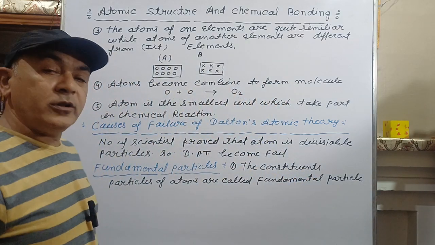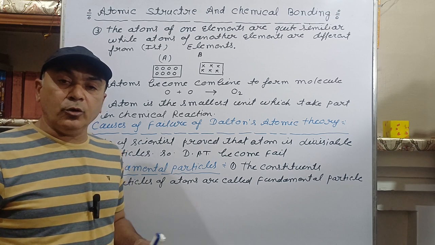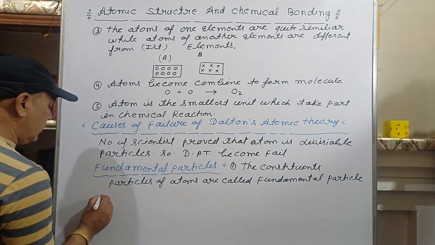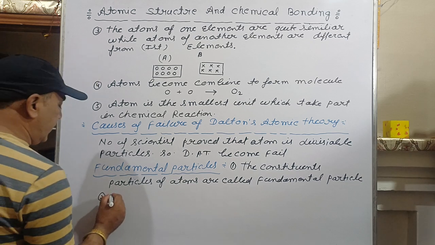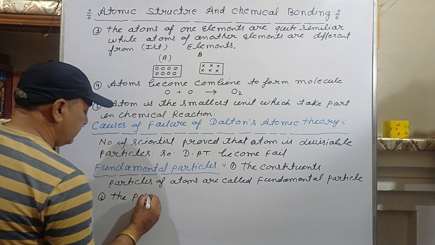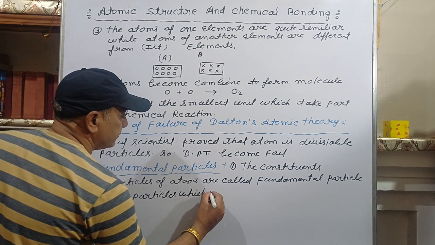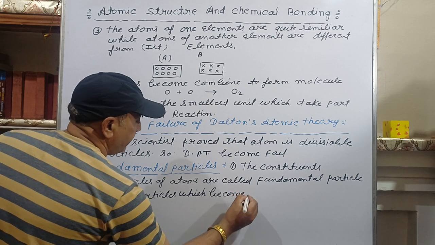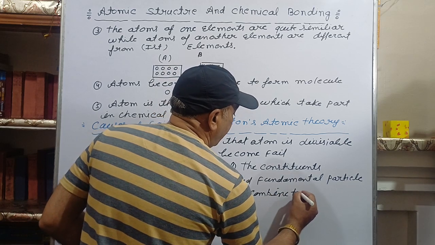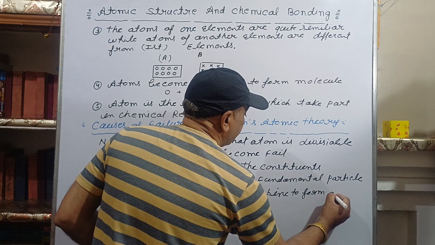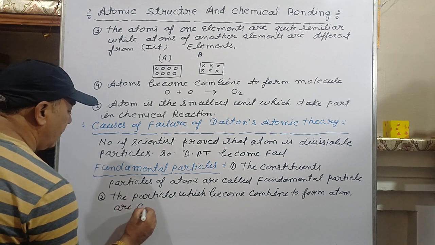An atom consists of more than 30 types of particles, of which three are main: electron, proton and neutron. Now the second definition of fundamental particles: the particles which combine to form an atom are called fundamental particles.